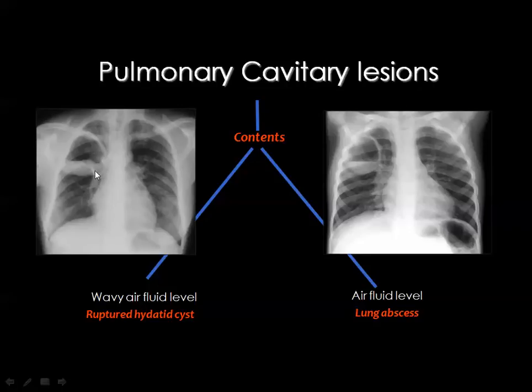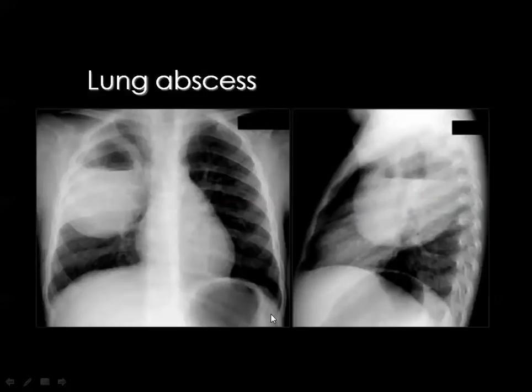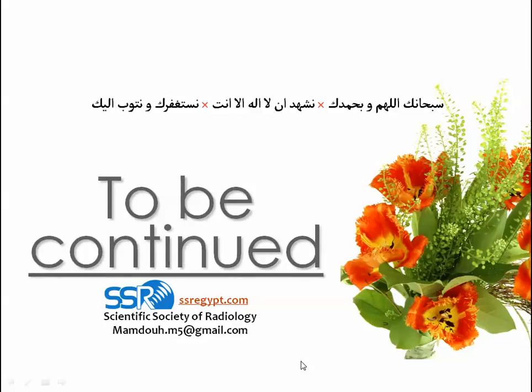But if you see that the air fluid level is wavy, then you think that this is a hydatid cyst that has ruptured. And this is a typical example of a lung abscess with a straight air fluid level in the right upper lobe. And thank you very much.